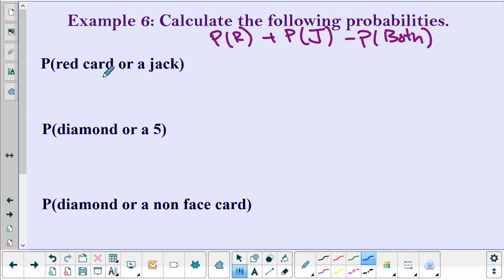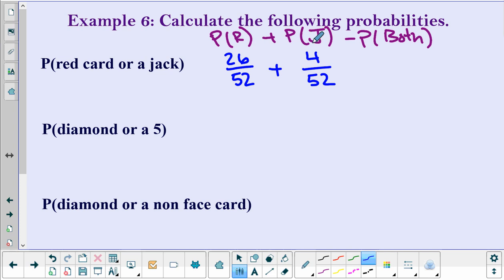So if I take a look at the probability of a red card, there's 26 out of 52 red cards. Probability of a jack, there are 4 jacks out of 52 cards. And then the probability of both. Now here's where you have to ask yourself, how many jacks are also red cards? There's 4 jacks, 2 are black, 2 are red.